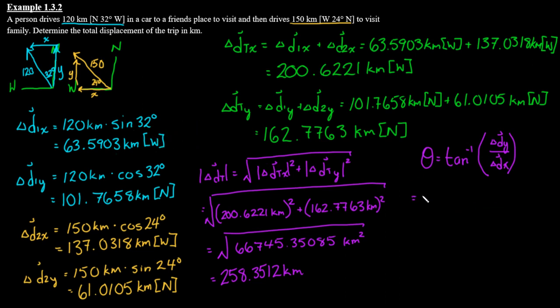Okay, so we're going to take the tan inverse of the y component, which was 162.7763 kilometers, over the x component, which was 200.6221 kilometers.